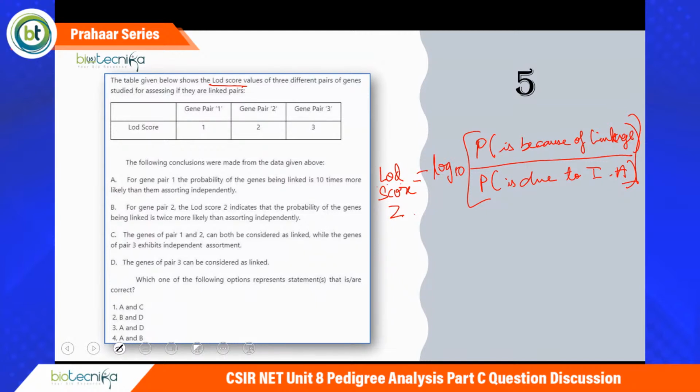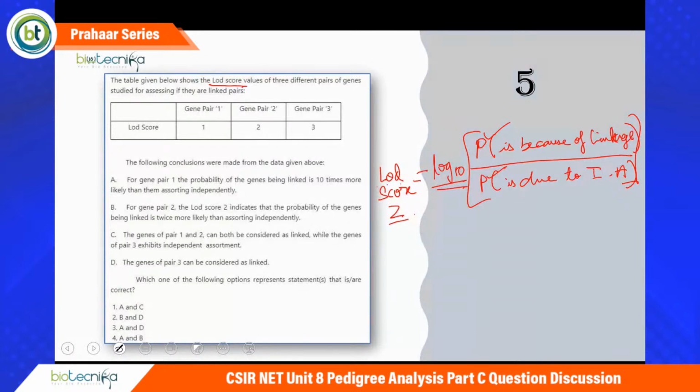First, we calculate the probability that the inheritance pattern that we are seeing in the pedigree chart is because of linkage between both. Next, we calculate the probability that it is because of independent assortment. We find the ratio of it and take the log of that, log to the base 10. So log to the base 10 of the ratio of these two probabilities gives us the LOD score, which we represent as Z.